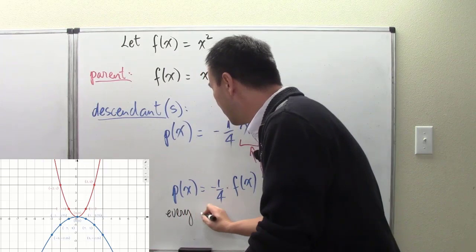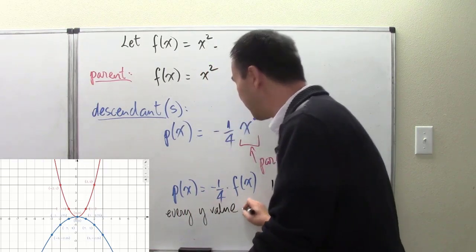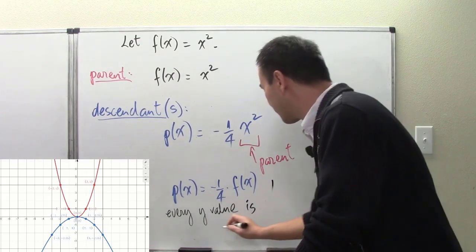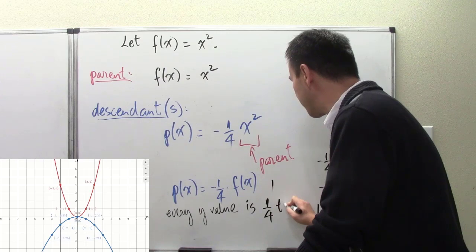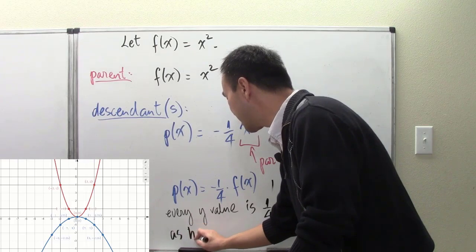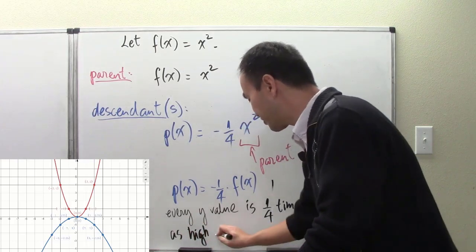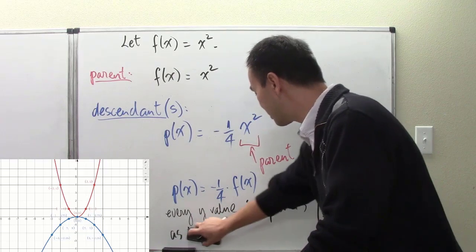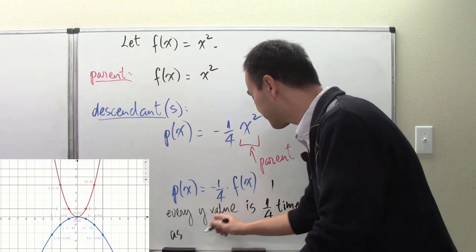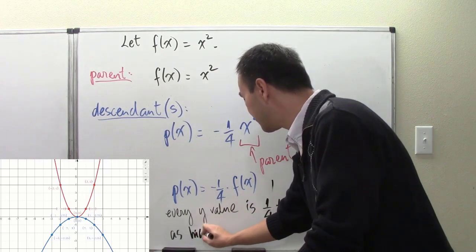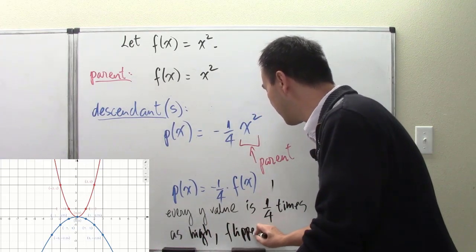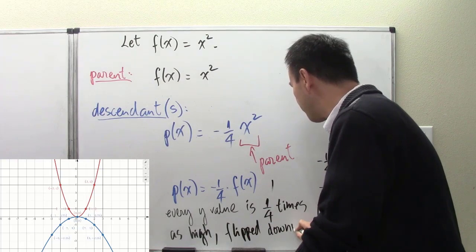Every y value is only 1/4 times as high compared to the parent function, and it's flipped downwards.